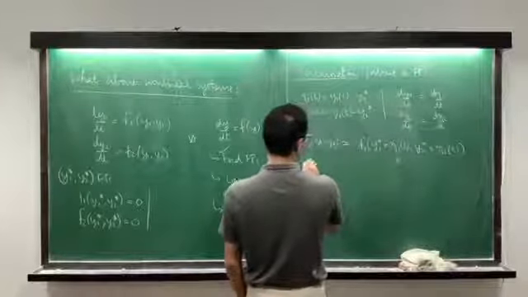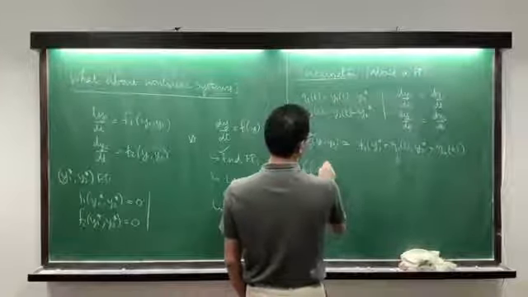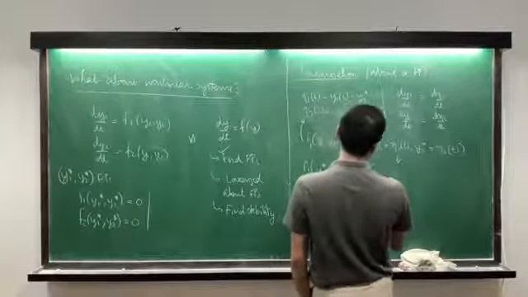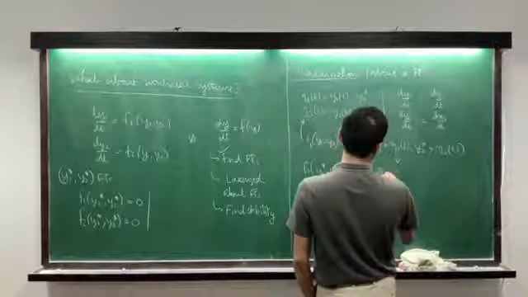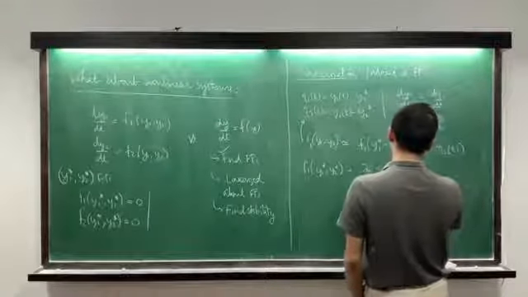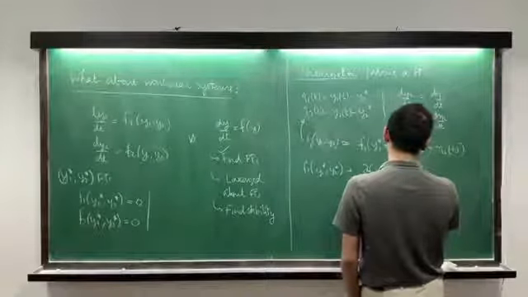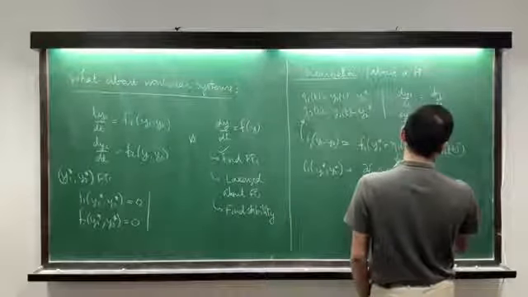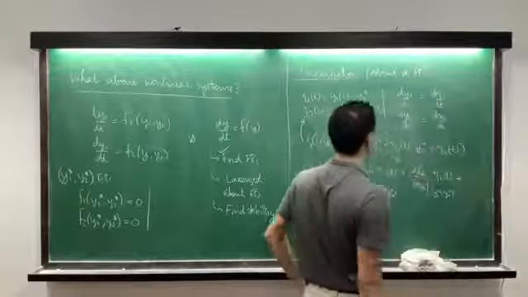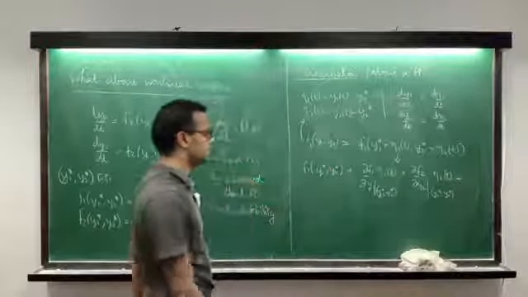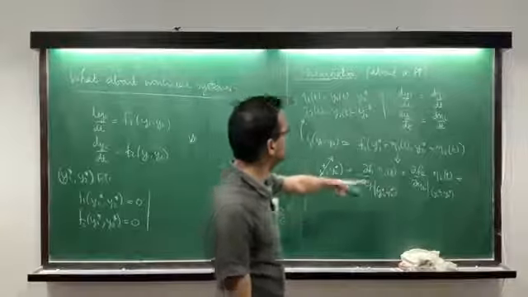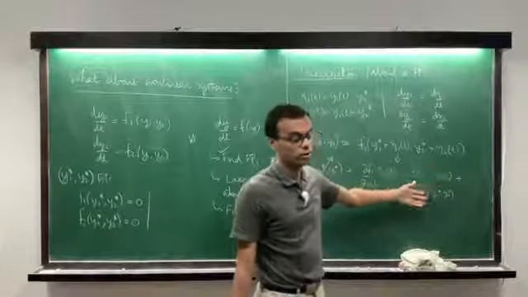I'll get f1 of y1 star comma y2 star plus dou f1 by dou y1 times eta 1 of t plus dou f1 by dou y2 times eta 2 of t plus higher order terms, where the derivatives are evaluated at y1 star, y2 star. Just a simple Taylor series expansion. Of course, the first term is 0 because y1 star, y2 star is a fixed point. So you will be left with this as the leading order term.